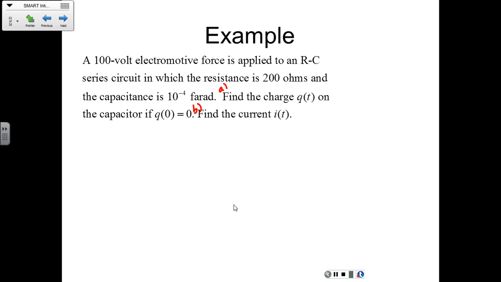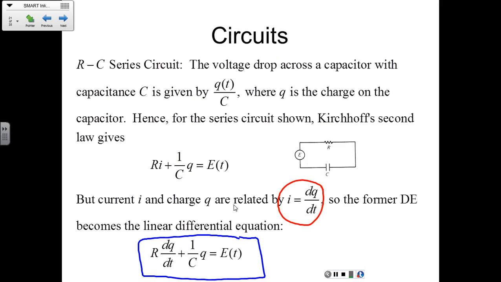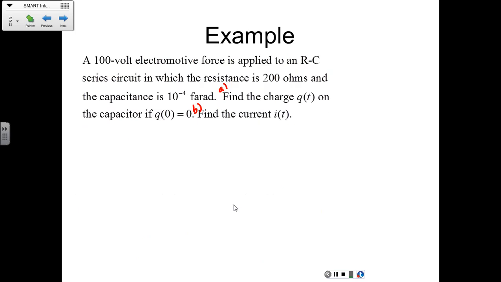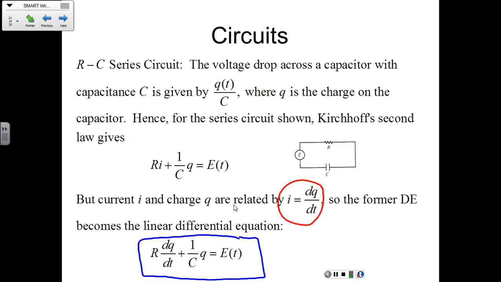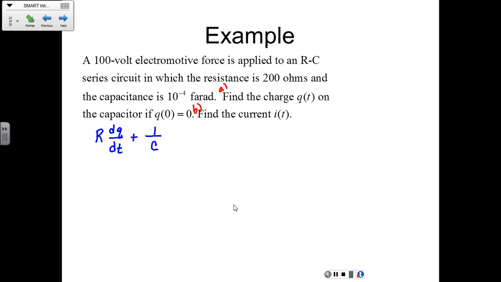So the model that we had on the last page, R dq/dt plus 1 over C Q equals E of t.